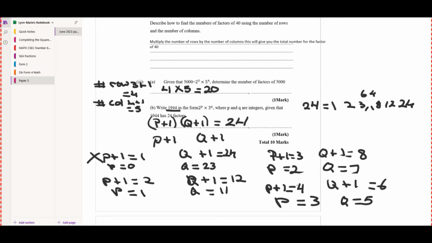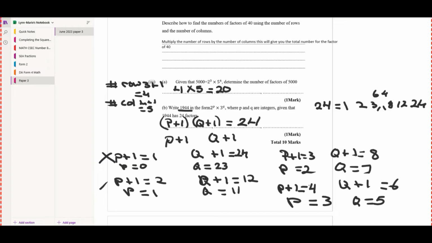What about when P is 1 and Q is 11? That is 2 to the power of 1 multiplied by 3 to the power of 11. Nope, you're still getting too big an answer. So it's not this answer either. Then we're going to look at when P is equals to 2 and Q is equals to 7.